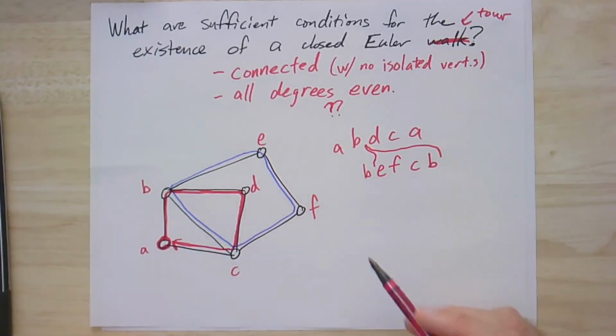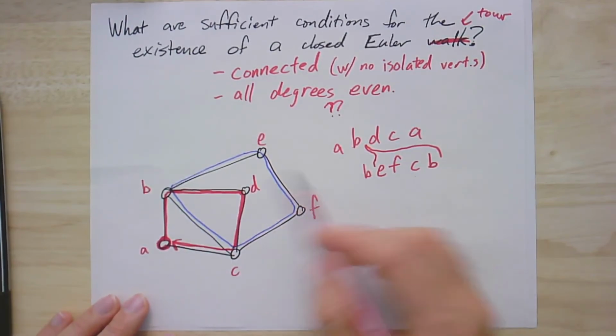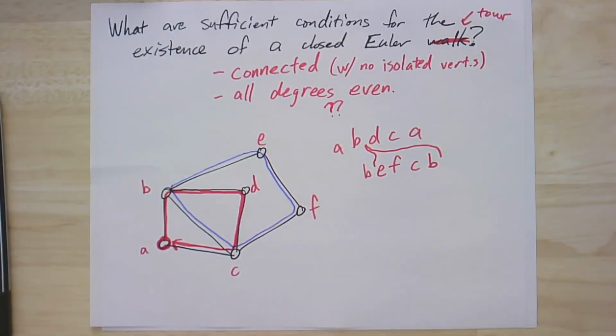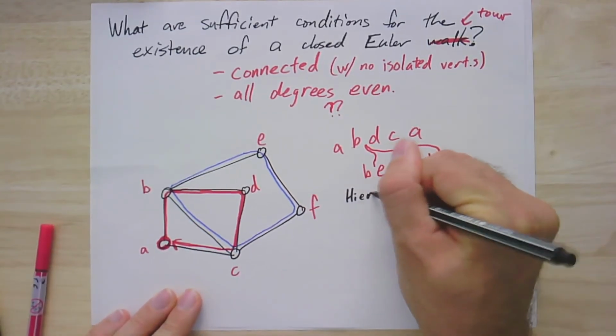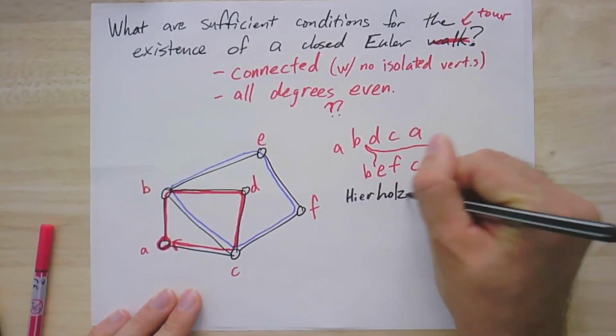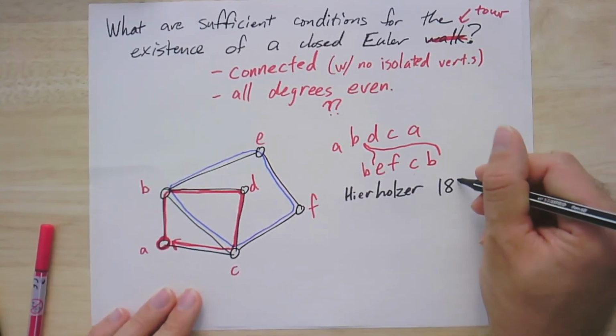I'll go around twice. But now I was able to do a little surgery on my cycles and put them into one. So this idea goes back to, it's attributed to Hierholzer, published in 1873, right? So we're talking about like 100 years later.